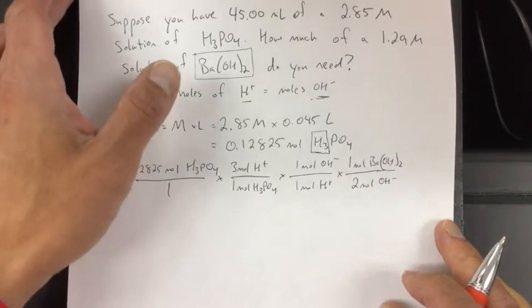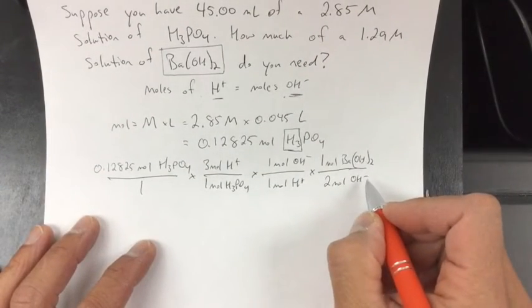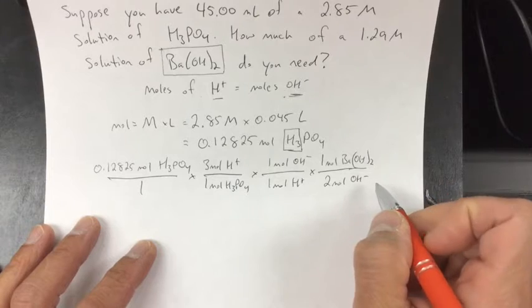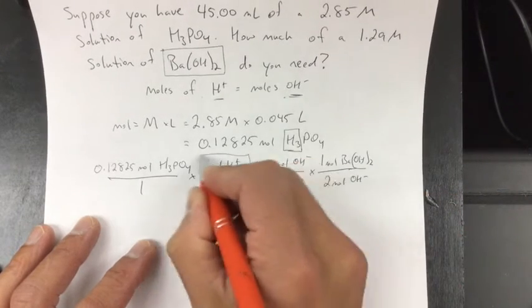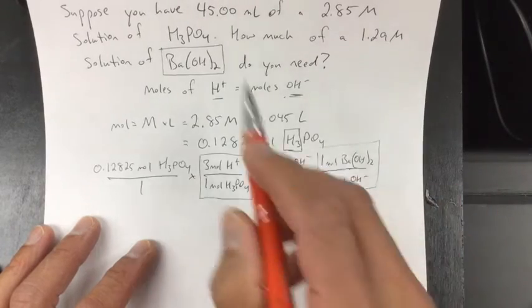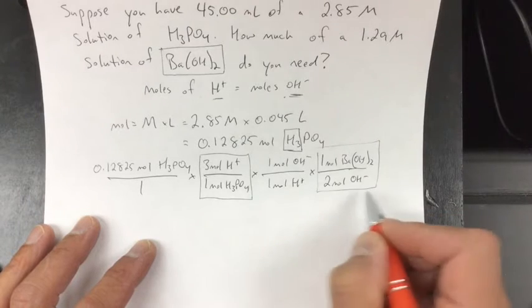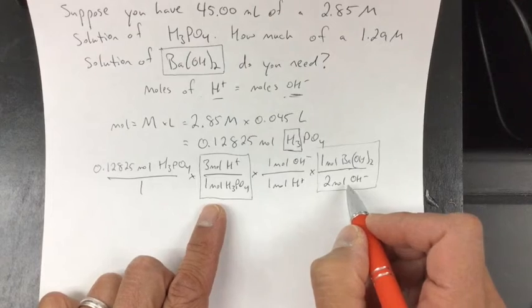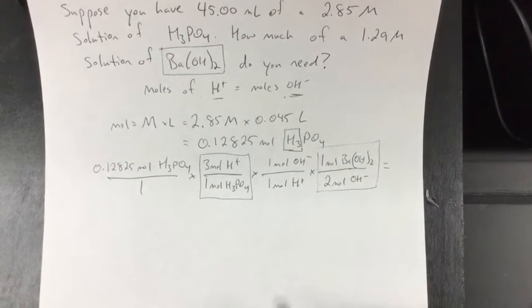Because I have 2 moles of OH minus, this step is different than the last video we had. Sometimes this ratio is going to change depending on what kind of acid or what kind of base I have. You just have to monitor that and see what you've got. So here I have a 3 on top and a 2 on the bottom. I'm going to go ahead and now solve for this.